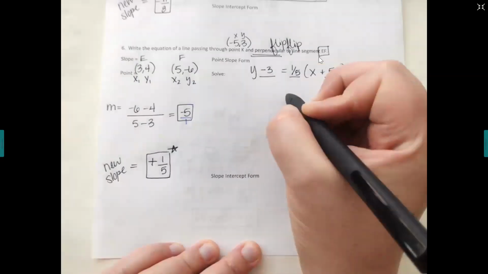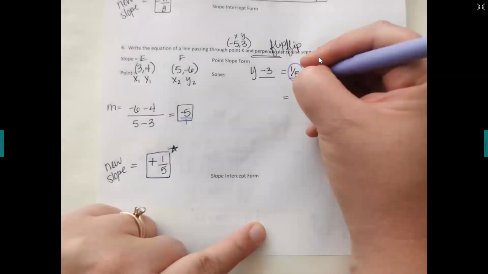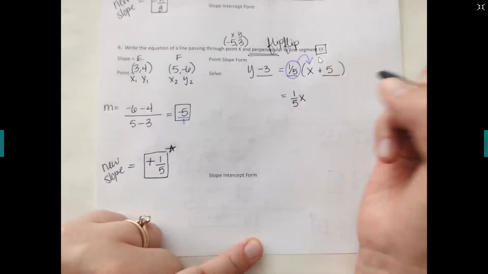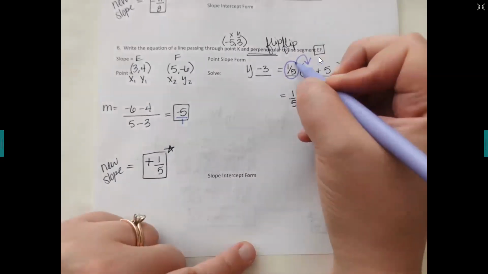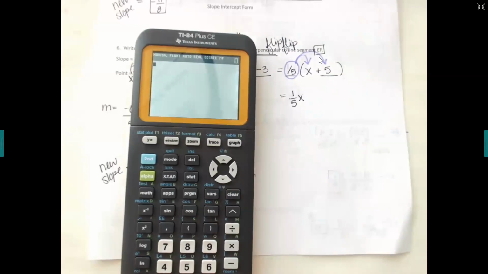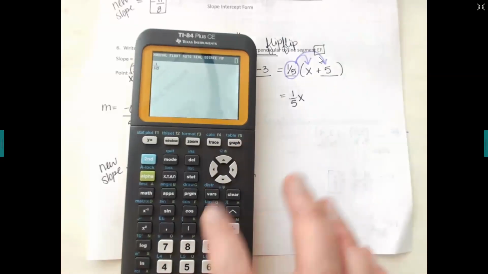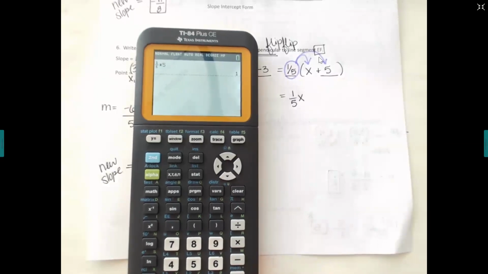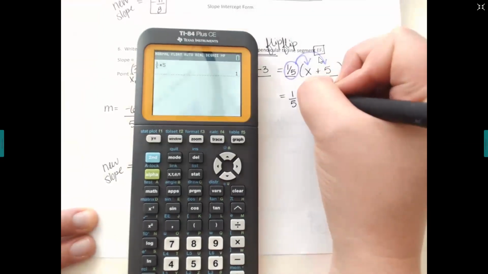Then from there, I'm gonna take that 1/5, I'm gonna multiply it into the parentheses. So 1/5 times x is 1/5 x. But 1/5 times 5, we're gonna need to do that in the calculator. So I'll do 1/5 times 5, just like that. 1/5 times 5 comes out to a +1.